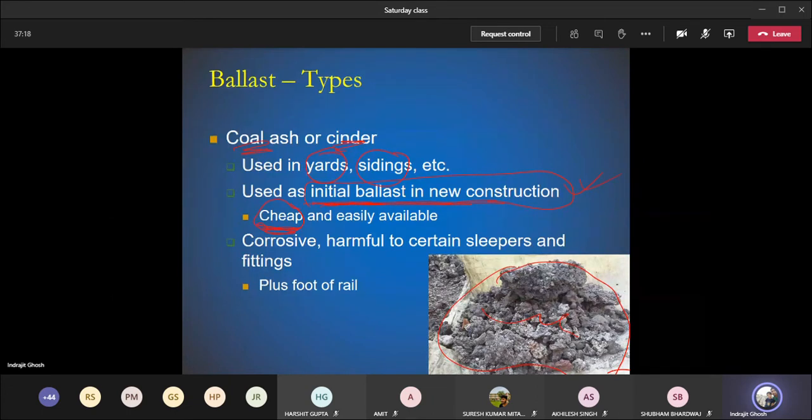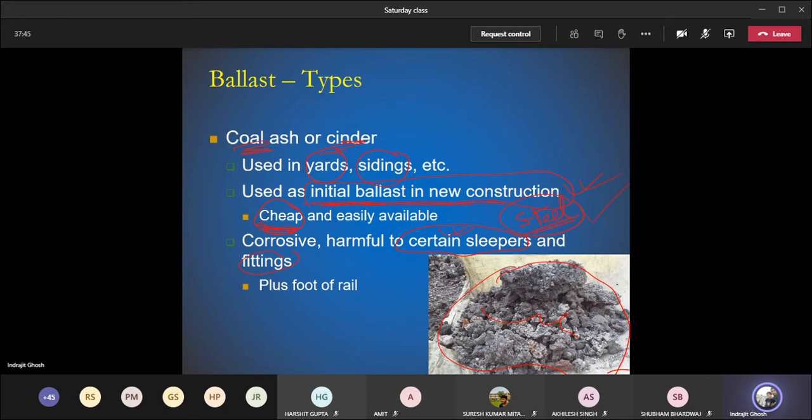At the same time, in case of railway track, it has been observed it is very much harmful to the steel sleeper. This particular sleeper, which I have written, is basically the steel trough sleeper. It has a harmful effect on the steel sleeper as well as the fastening, the one we use in order to fix the rail on the top of the sleeper.